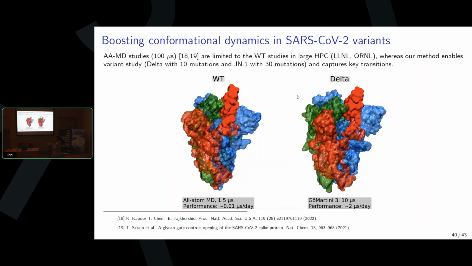We know that the spike protein, we have all-atom data for that, has different conformations, which enhance the dynamics of the full SARS-CoV-2 spike. This is work in progress, but it already shows that we can efficiently capture the different conformations of opening and closing for the case of Delta.